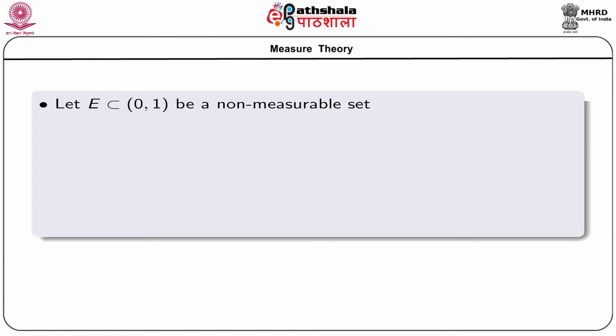Consider a non-measurable set E of the open interval (0,1). Recall that we had constructed such a set in chapter 2. Define the function f on R in this way: f(x) equals e to the power x times chi_E minus 1.